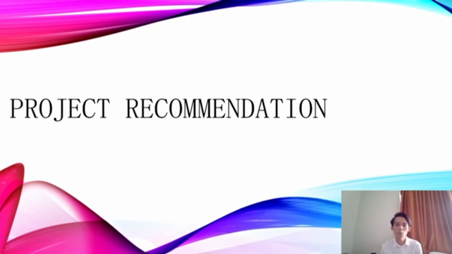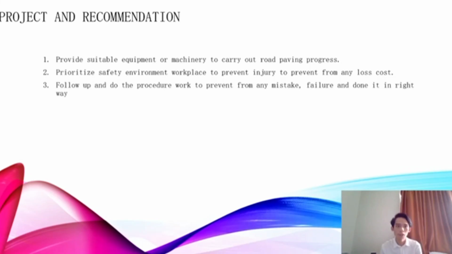So the next one I would like to explain is the project recommendation. For this project, we need to give a good recommendation to complete this project very well, not go over the budget, and be safe for the environment.